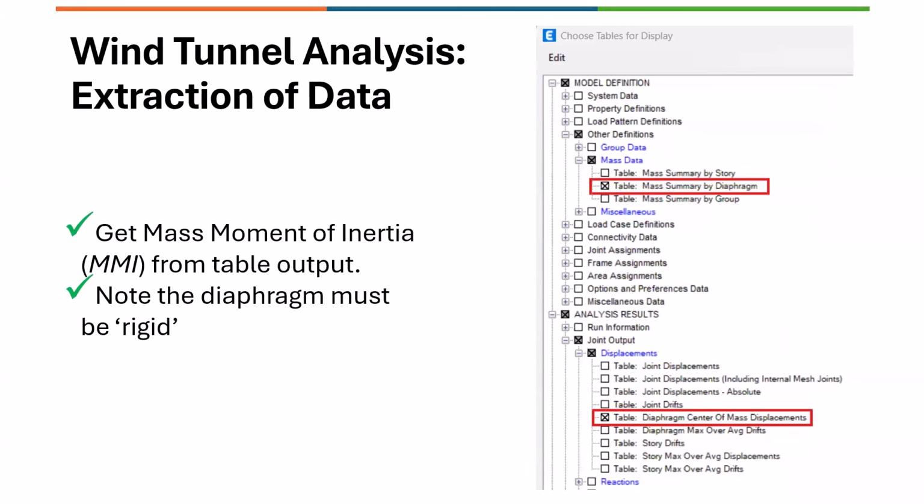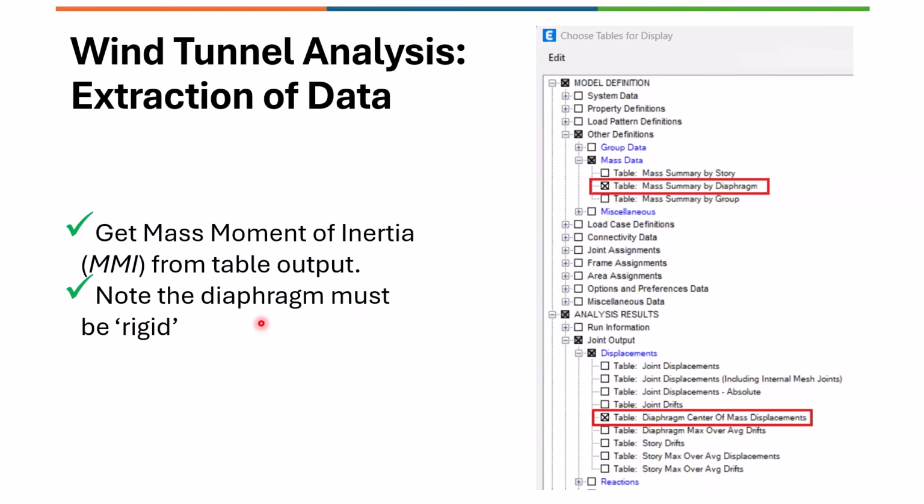So before entering into the modeling in ETABS, there is a common requirement: how to get the data for wind tunnel analysis. So it is available in the tabular output show tables. You can get the mass moment of inertia from this particular table, Mass summary by diaphragm.